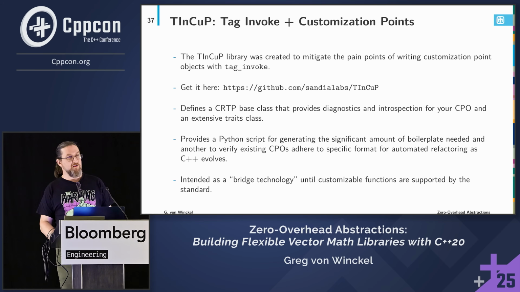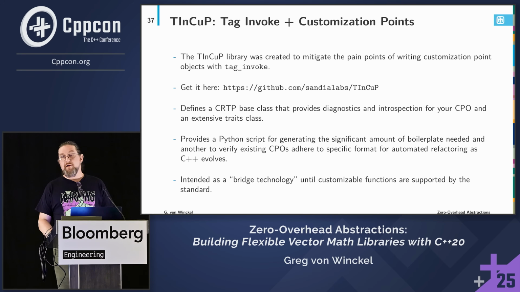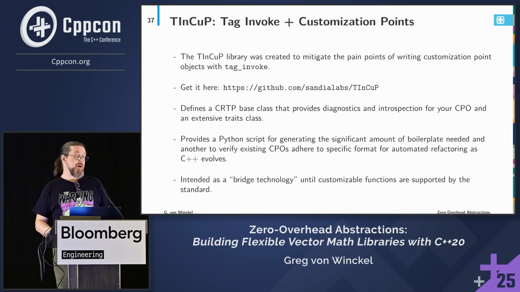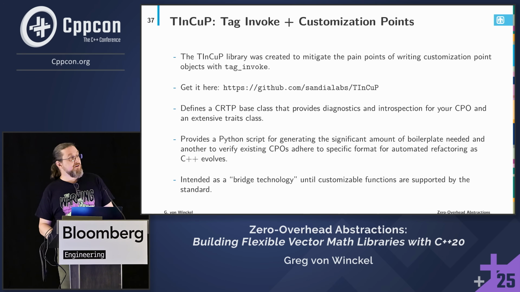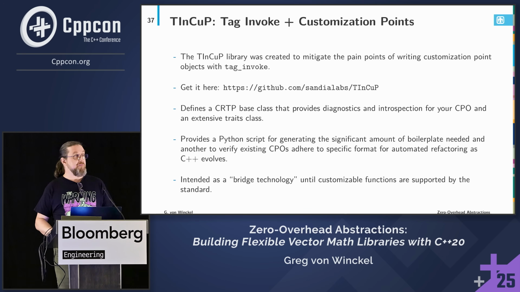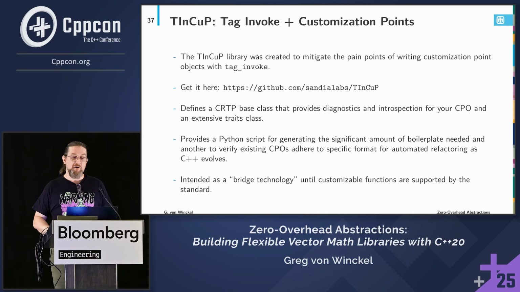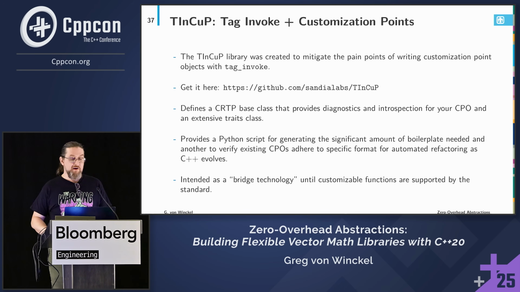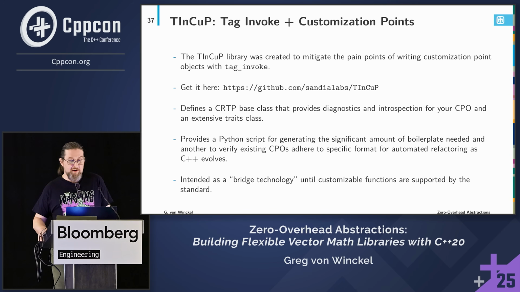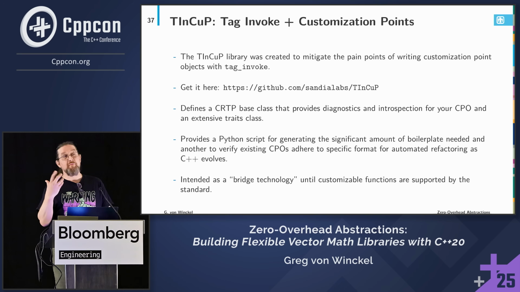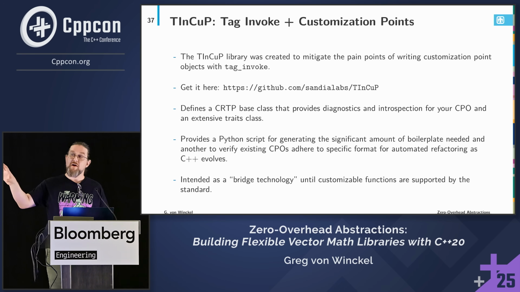Essentially what it does is it defines a CRTP base class that you can then derive from for all of your customization point objects, and it provides a Python code generator using Jinja templates and so forth that will automatically generate the boilerplate for you in a very concise way so that you don't have to think about it. Think of it as kind of like how CMake makes a makefile. You just generate some stuff and then you don't touch it.